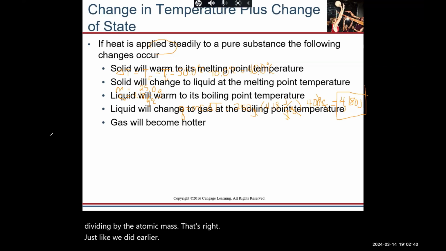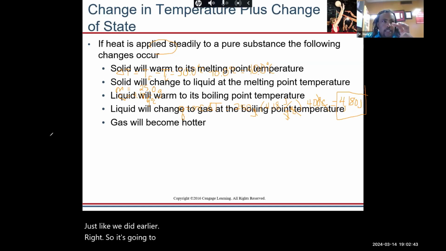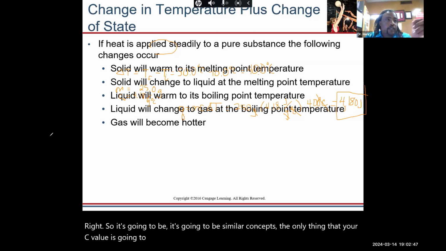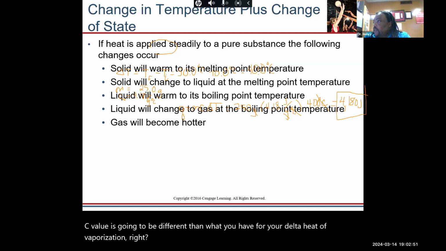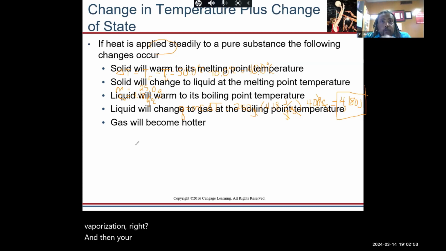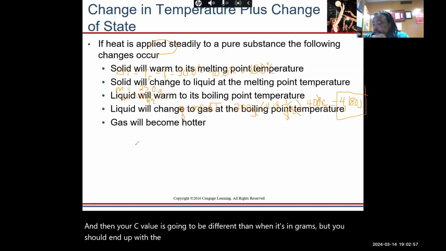Okay, thank you. So it's similar concepts. Your C value is going to be different than what you have for your heat of vaporization, and different than when it's in grams. But you should end up with the same amount of energy if it was done correctly.